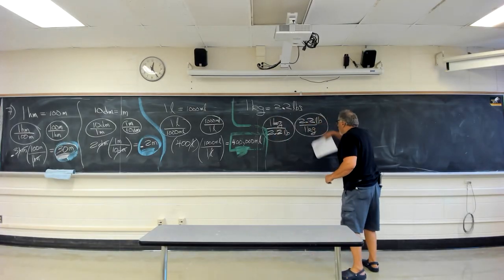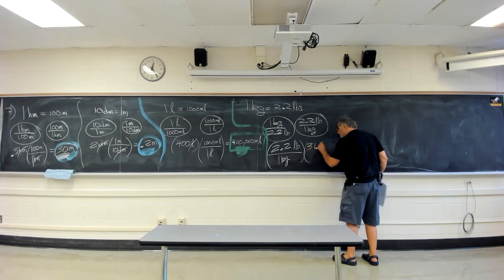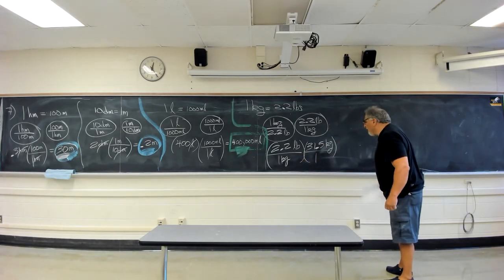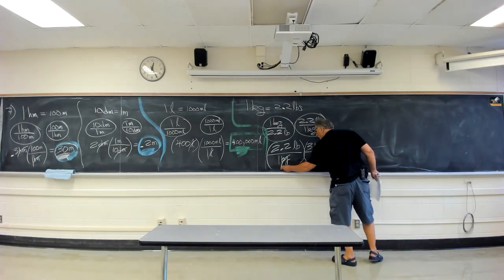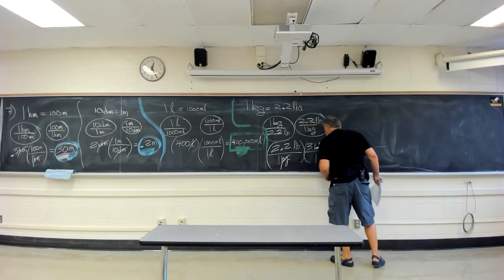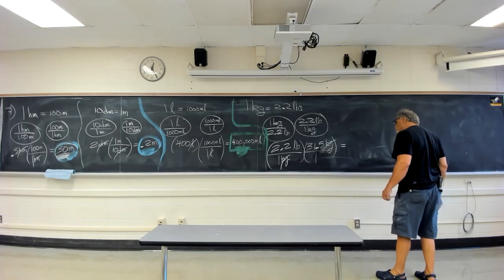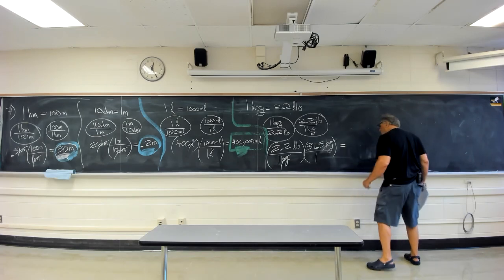To convert it, we want to get pounds at the end. 2.2 pounds, or lb, libra for pounds, for every 1 kilogram, the child has a body weight of 31.5 kilograms. Put a 1 there, I didn't really need to, but 31.5 kilograms. And let's grind it out. Well, the kilograms go. You want pounds, so you put the pounds on top because you want pounds. That's 69.3, I think.